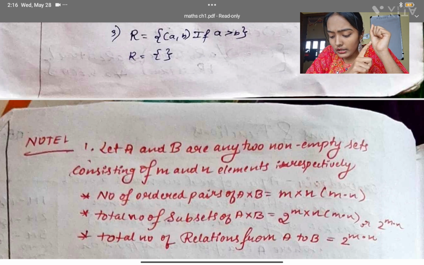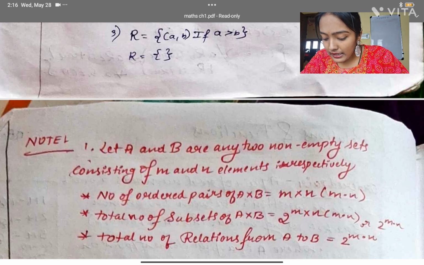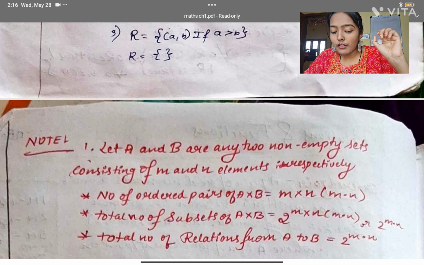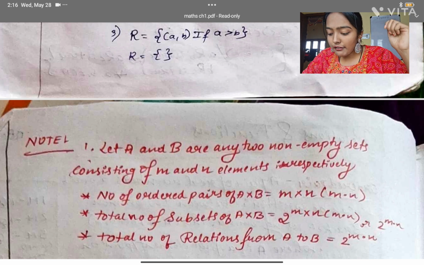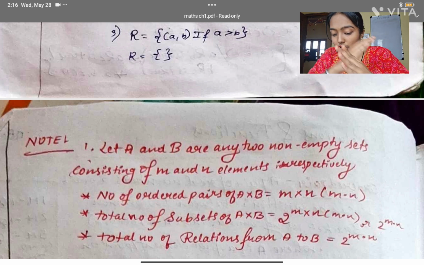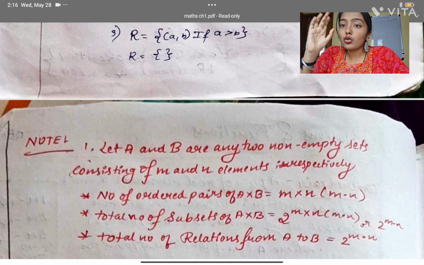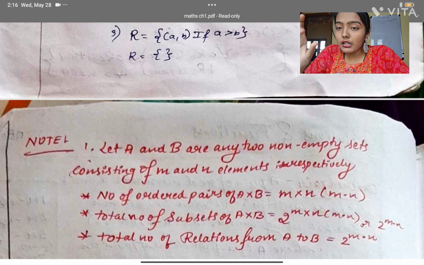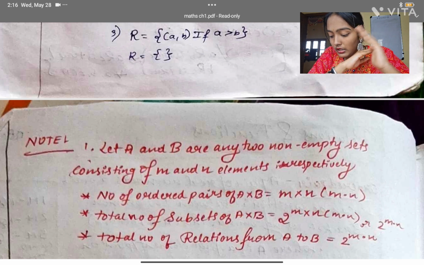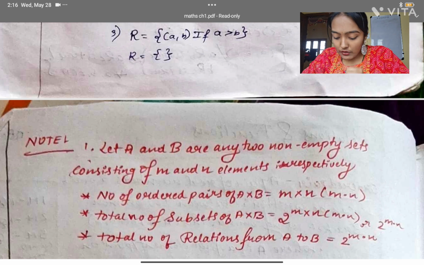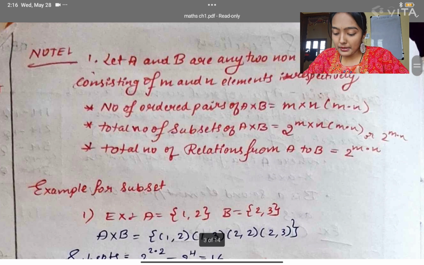So if we multiply m, the total number of elements in set A, by n, the total number of elements present in set B, what we get is the total number of subsets.